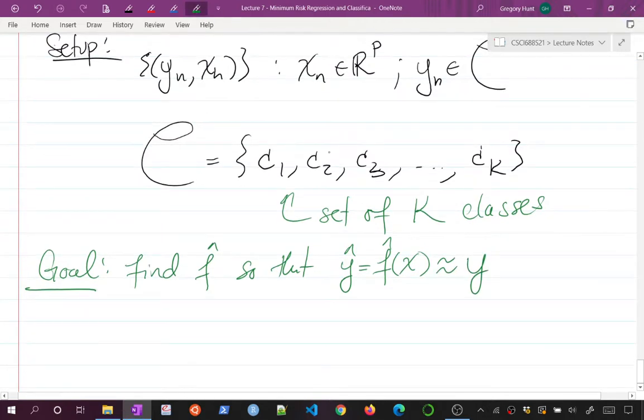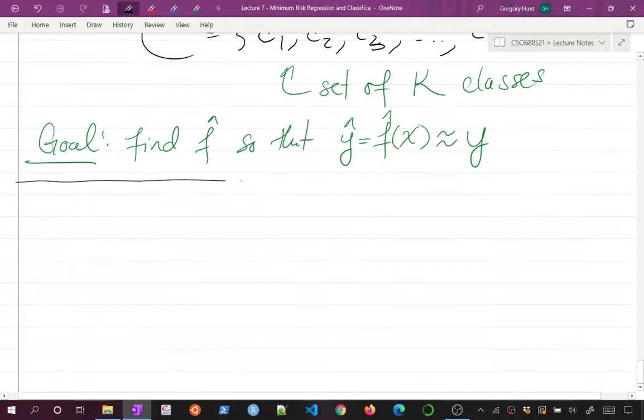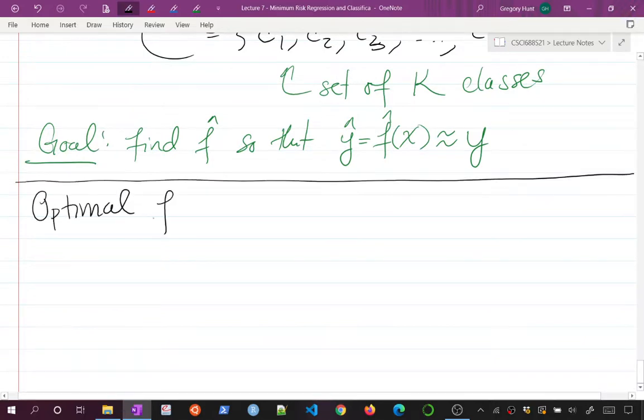So y is in my set of classes, x is some feature vector, and so it's pretty similar. All I've basically changed is that the y's are now a discrete set of classes instead of being any number. And I can ask the same question for the classification setup, which is, what's my optimal f?